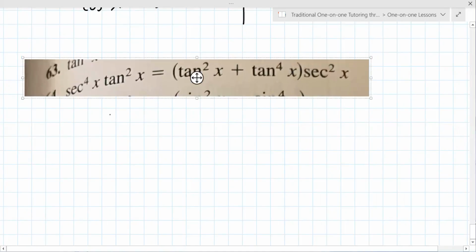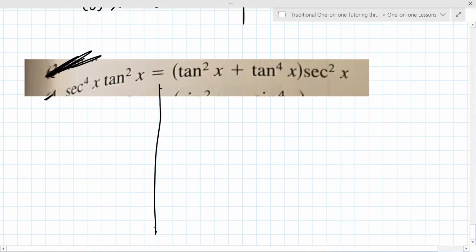So this one, if you can see here, it's secant to the fourth x tangent squared x. The right side is tangent squared x plus tangent to the fourth x equals secant squared x. Which side do you think we should work on, Niko? The right side. Right. Generally sums are more complicated than products. So let's take a look here.